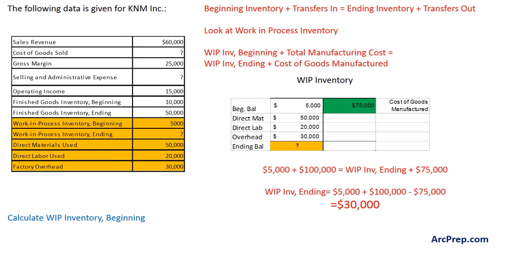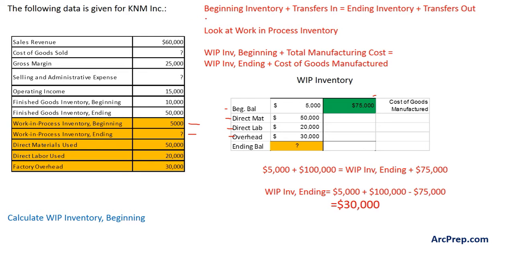Now, there is also a question mark on the work in process ending inventory, so we need to calculate that. Now, I do know the beginning balance. I do know the transfers in, which is direct material, direct labor, and overhead. I do know transfers out.